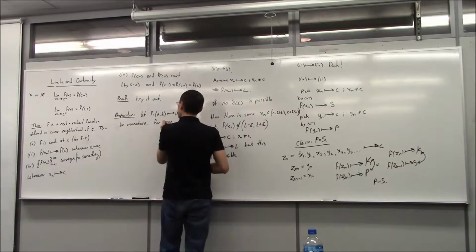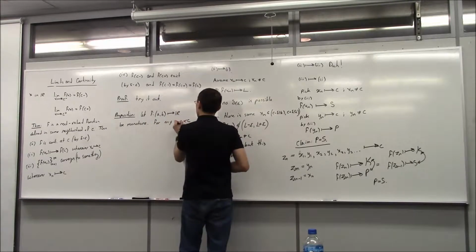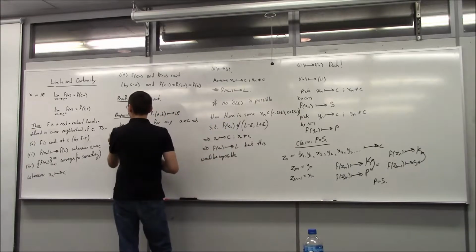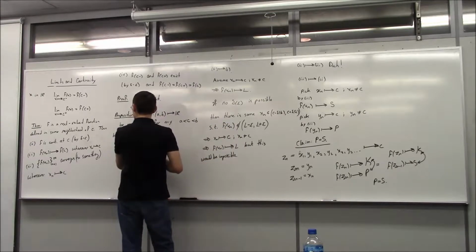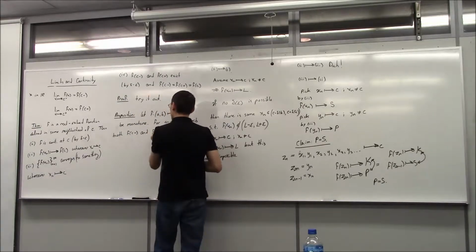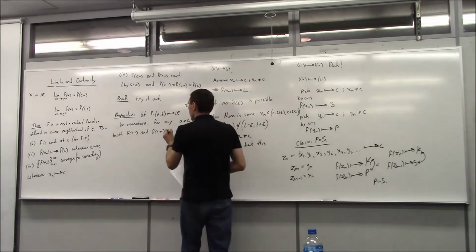For any c that is bigger than a and smaller than b, both f of c minus and f of c plus exist.